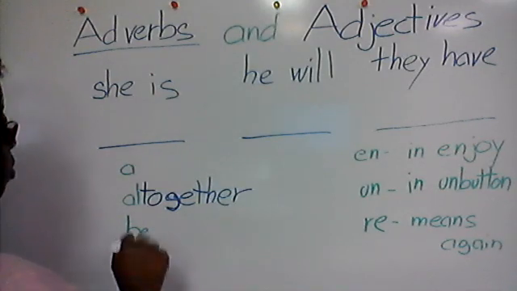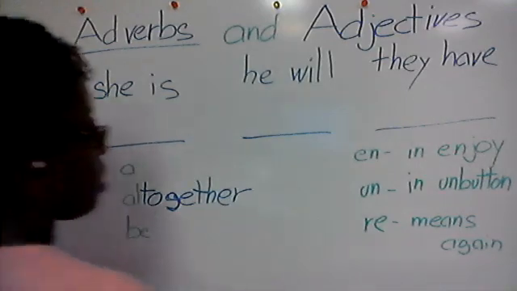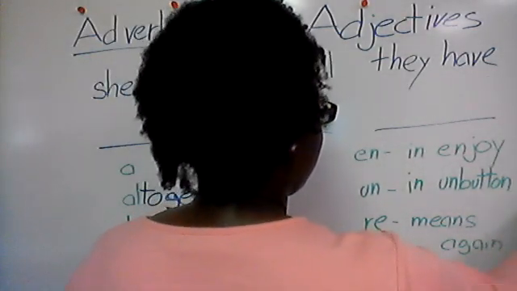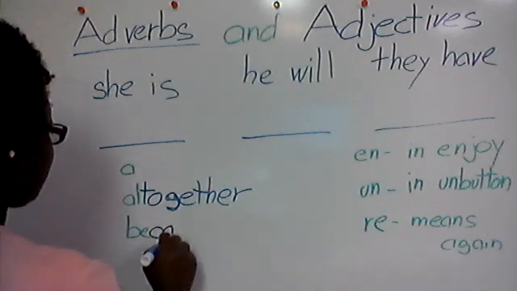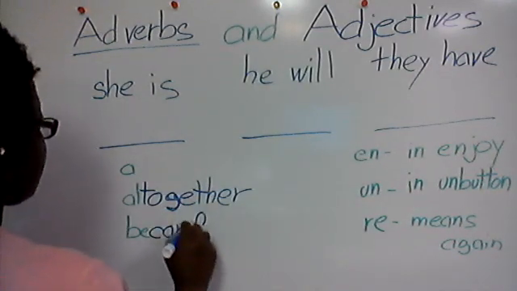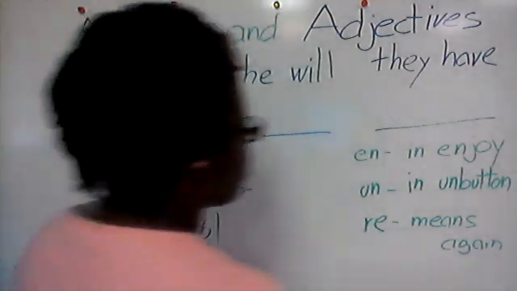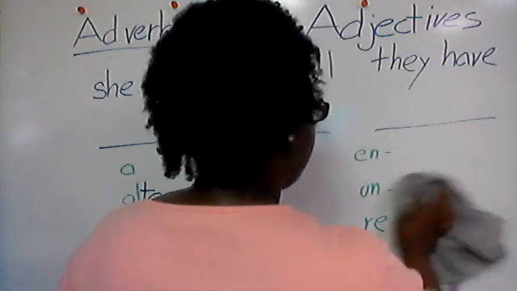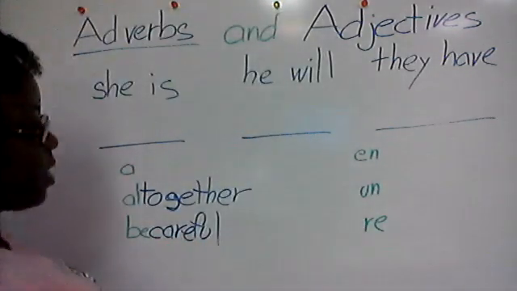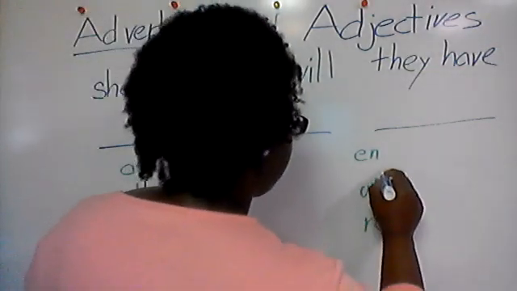Be, come back to be. Enjoy, or be, could be careful. Be careful when you're taking your phonics and math tests so you get your answers right. For un, I have untie. I had one for en off the top of my head, but I can't remember.